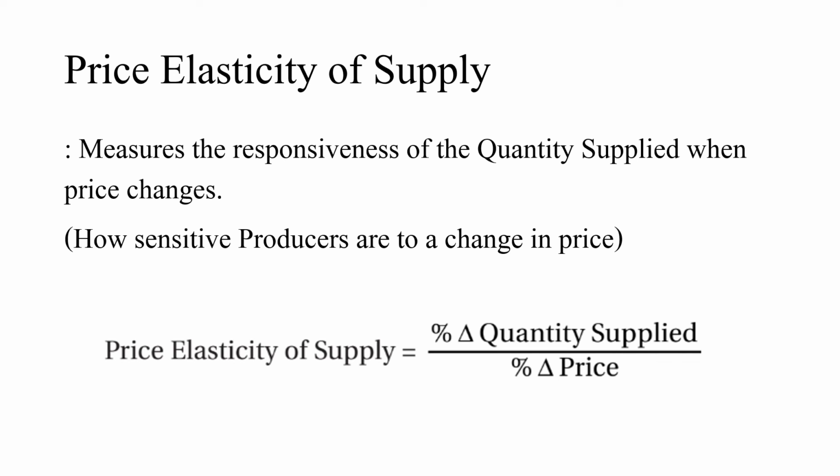Note that before this, we have been learning about how consumers are sensitive to a change in price, but now we are going to be learning about how sensitive producers are to a change in price. We also use a formula to calculate the price elasticity of supply, which is percentage change in quantity supplied over percentage change in price.